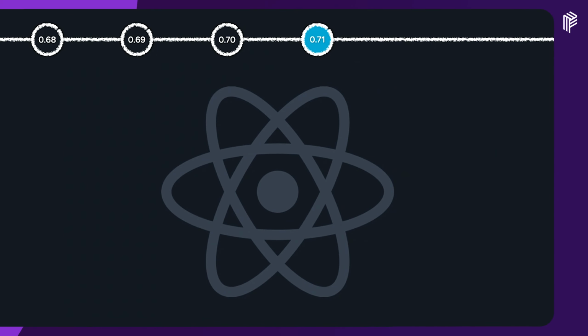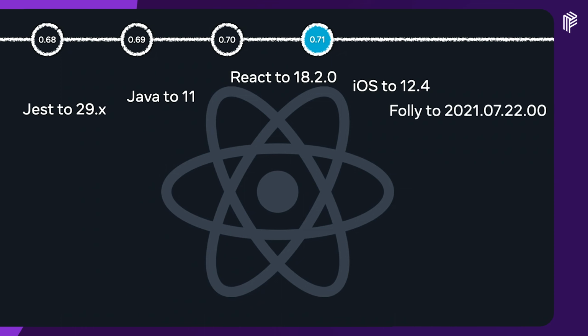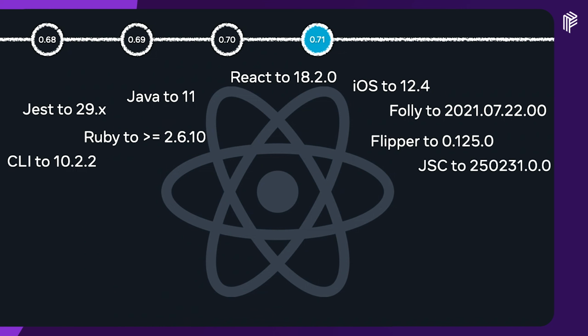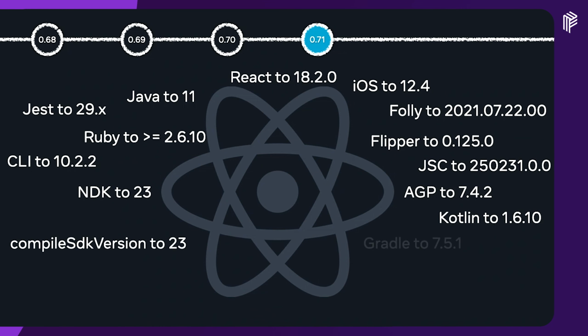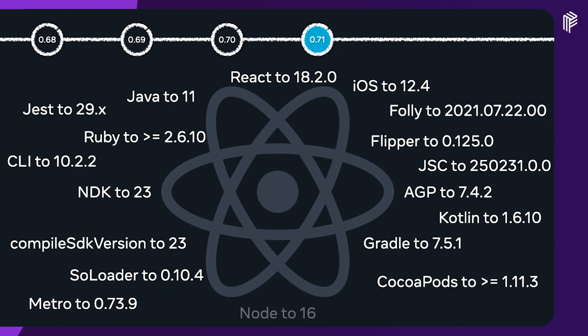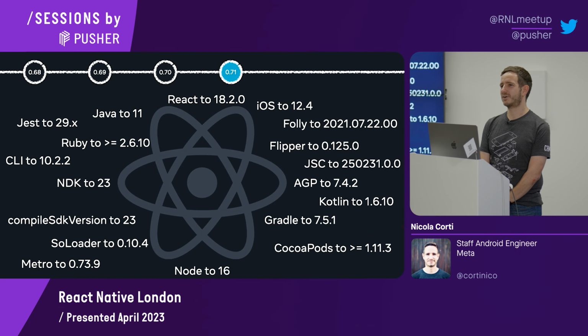So 0.71 also brings a lot of updates and bumps of things. And here I want to use this slide to show, I think, the point of what React Native is. It effectively sits in between so many frameworks and tools that we basically act as an orchestrator.